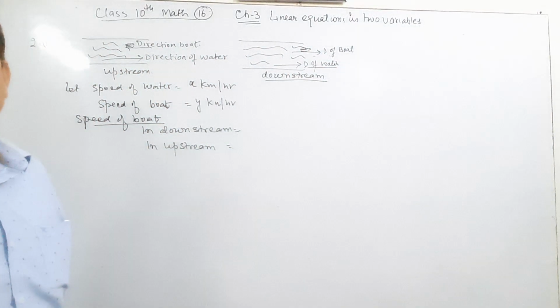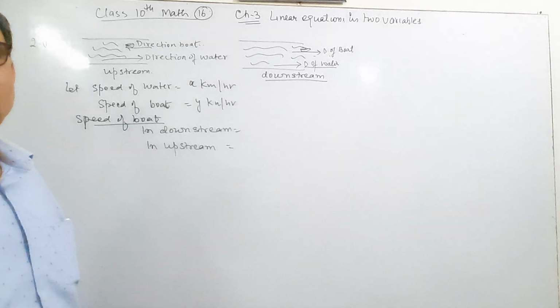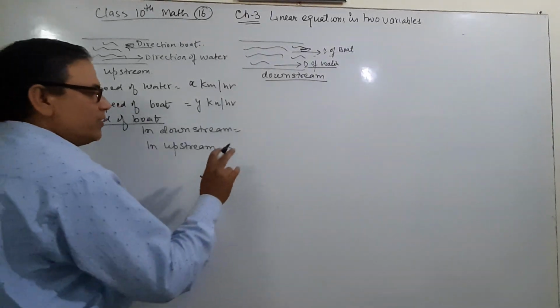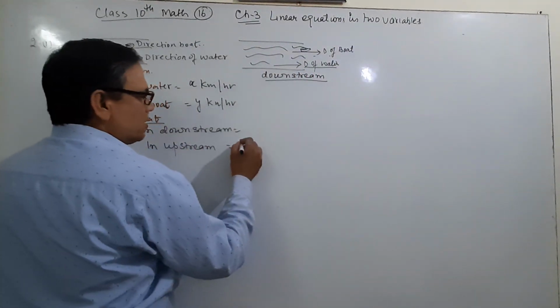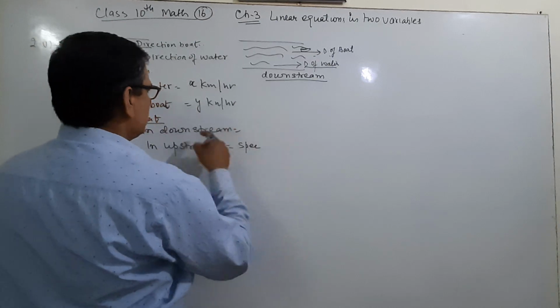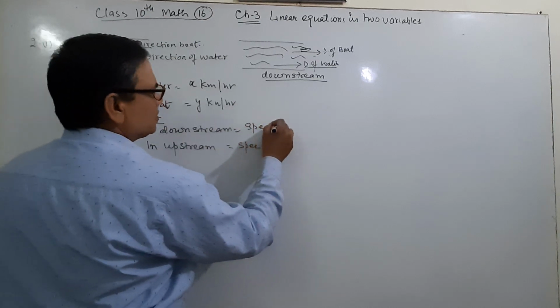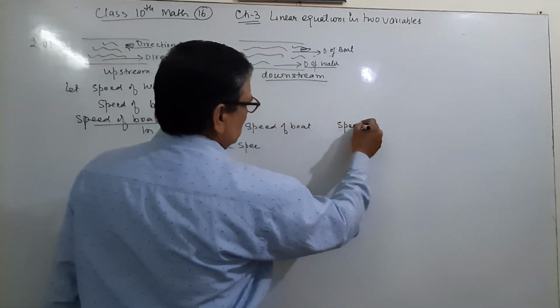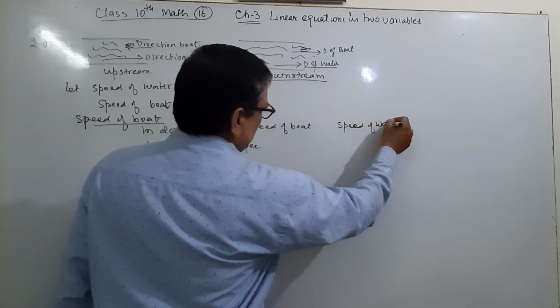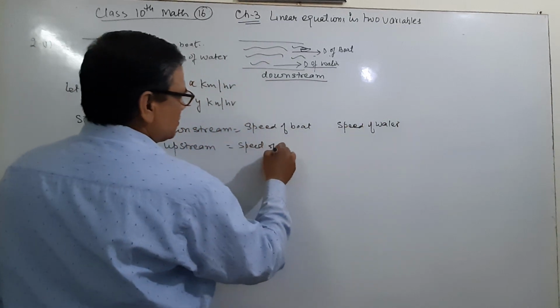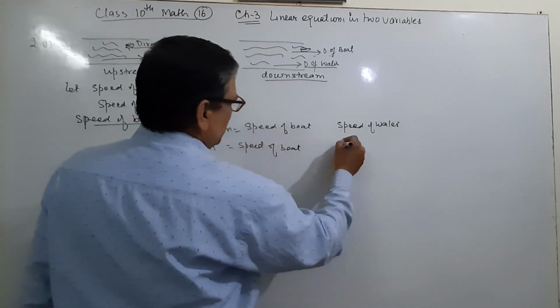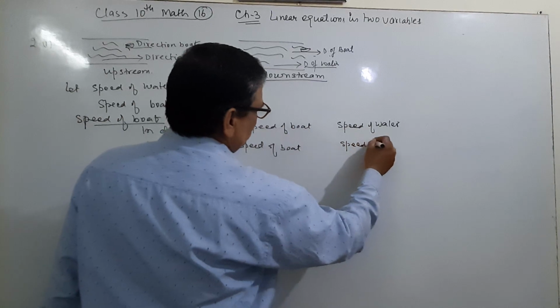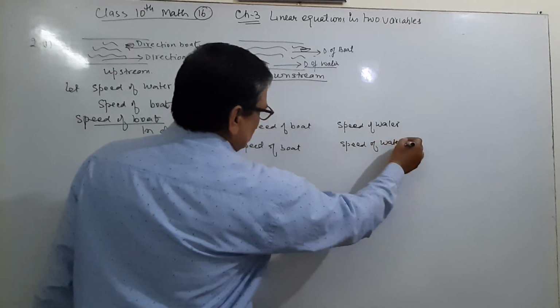It means both speeds will add to each other. But we will write the speed of boat first, then the speed of water. We have to write the same for upstream and downstream.